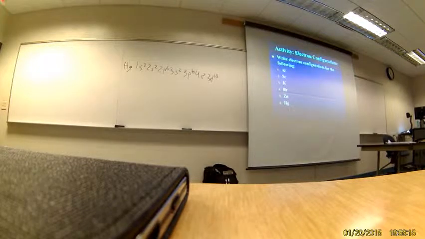But this is up here, so might as well do it. Remember, the f's are set back 2 numbers. So it's in row 6, so it's a 4f, and there are 14 of them. So that's a 4f14 there. Then we're on 5d10.